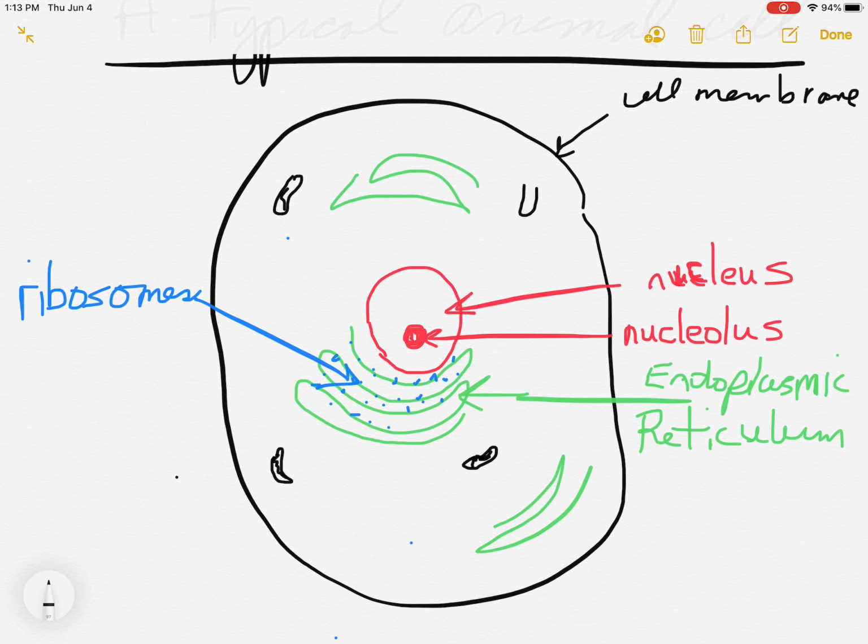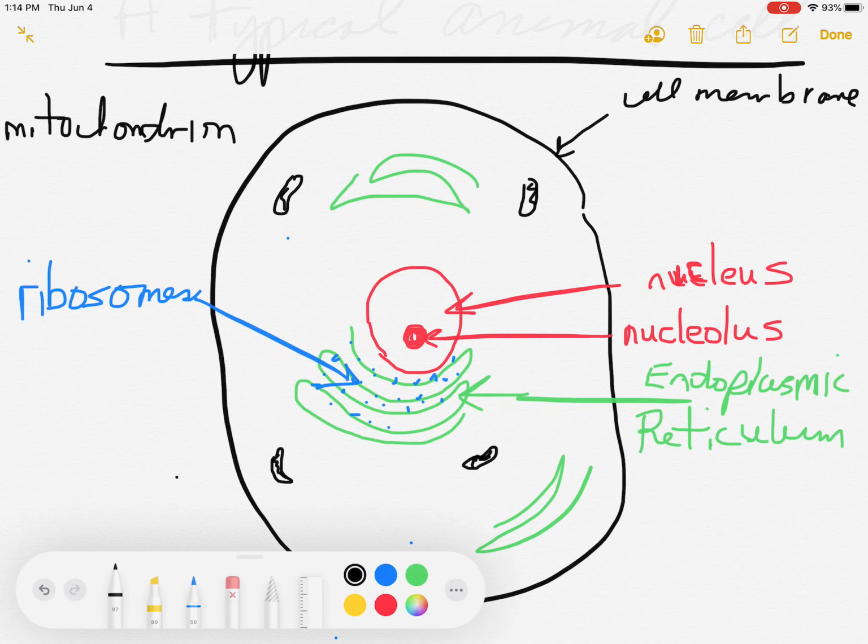And of course, these little sausage shapes are the mitochondria. One is called a mitochondrion. Many are called mitochondria. So let's see if I can write that in here. Since I'm only pointing to one, I'll call it mitochondrion.